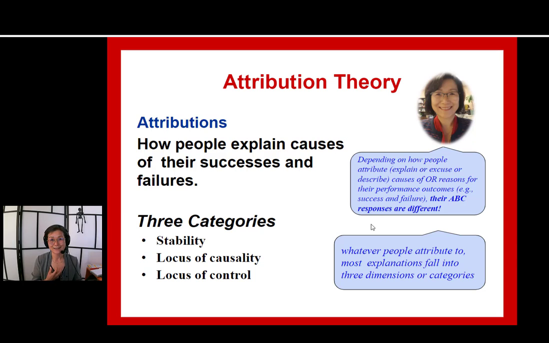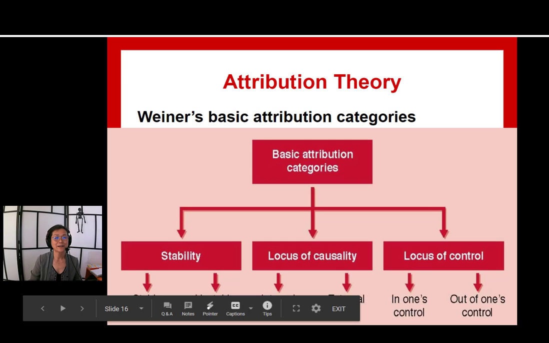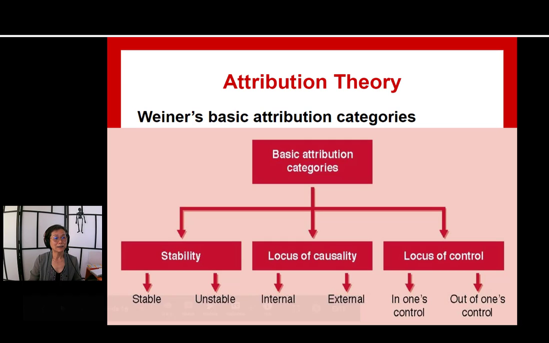Whatever we say about the causes of our outcome, either failure or success, not all of them, but the majority tended to fall into three categories: stability, locus of causality, and locus of control. What does that mean? Here we go. I'm putting that figure here again.